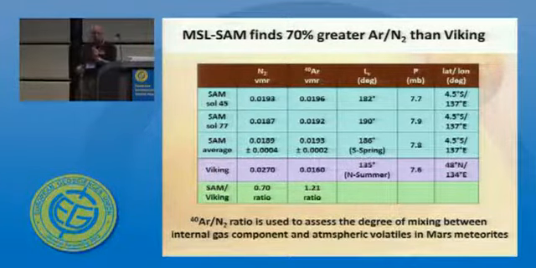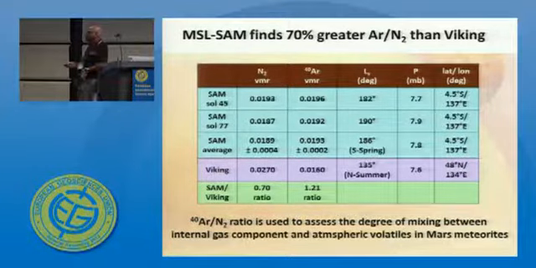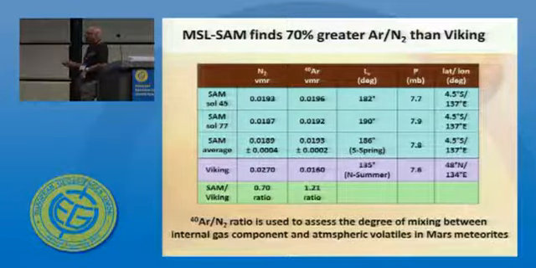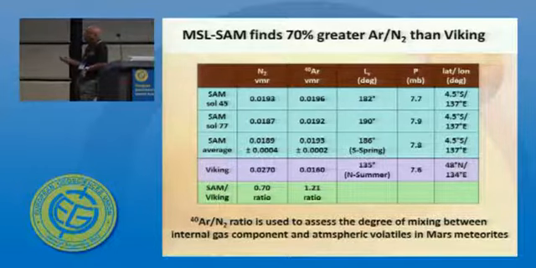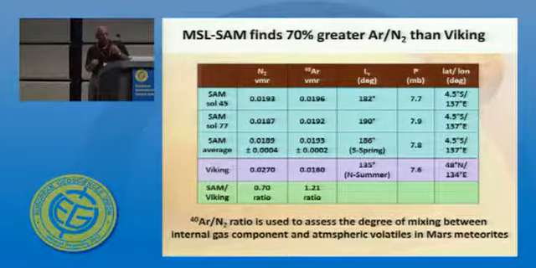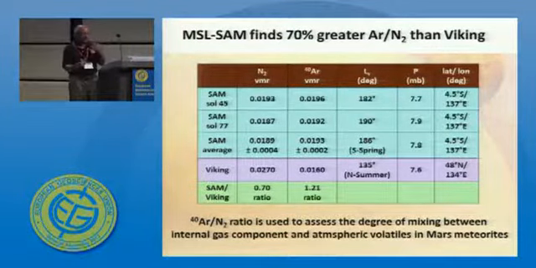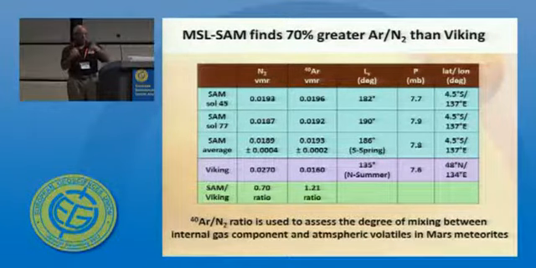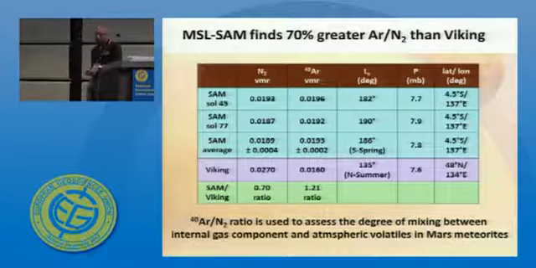What is important is the surface pressure. The surface pressure is not all that different. At the time of Viking observations, the surface pressure was 7.6 millibar, and it's ranging between 7.7 and 7.9 millibars. When you're talking about mixing ratios, the relative abundances, you're essentially taking the ratio of the abundance of the constituent, like argon, to the rest of the atmosphere.